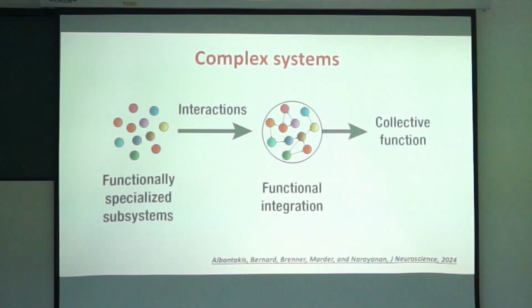If you codify this as a figure, you can consider these as functionally specialized subsystems, such as ion channels, pumps, and other things, and there are increasing levels of integration, interaction between them. Those interactions are not random. Those interactions are not fully determined. There are specific, quote-unquote, motif-based interactions, which we will come to in a minute, between these components, and that gives you collective function. It is as though you are composing the function using the components that are present.